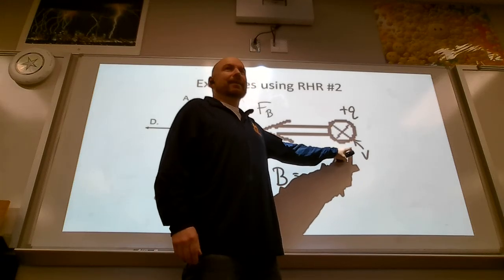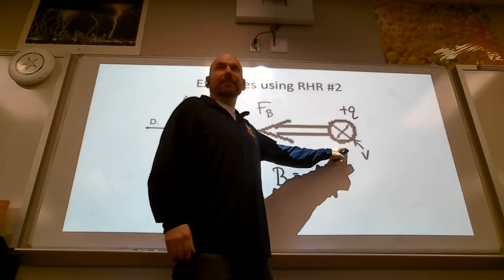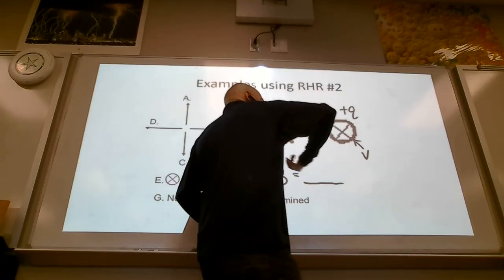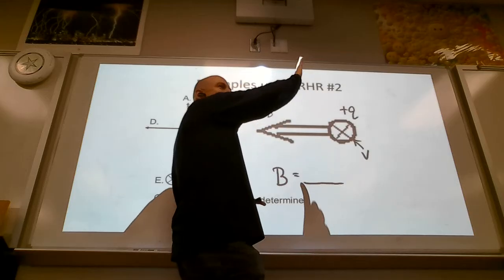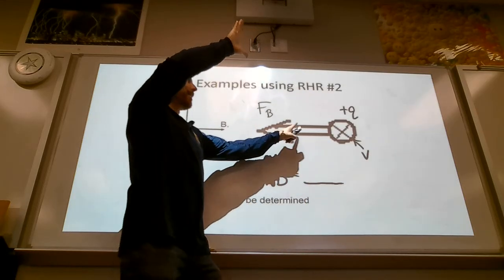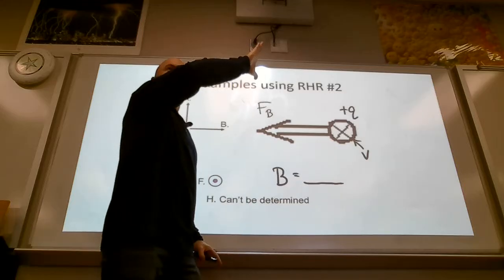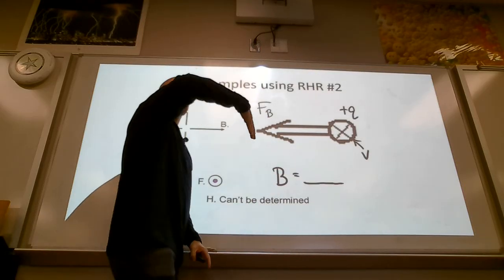What part of your hand? Thumb goes which way? Into the board. So we're locking this in here. Okay? What part of your hand corresponds with force on a positive charged particle? Your palm. So you're going to rotate until your palm is facing left.